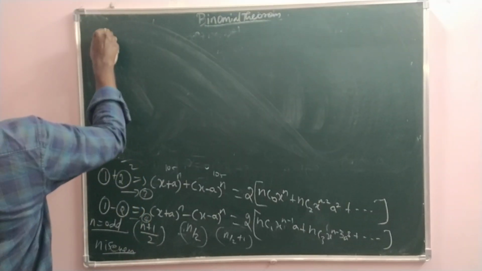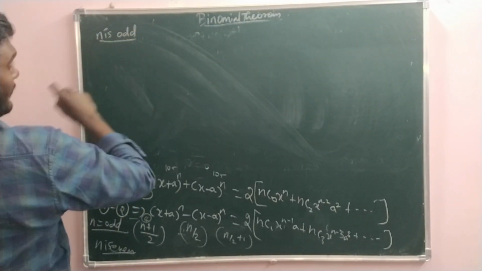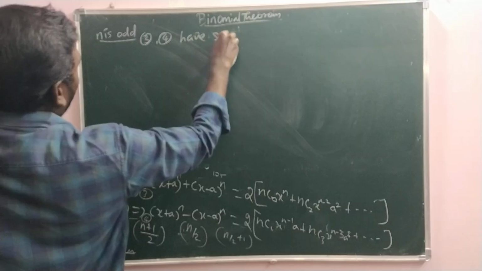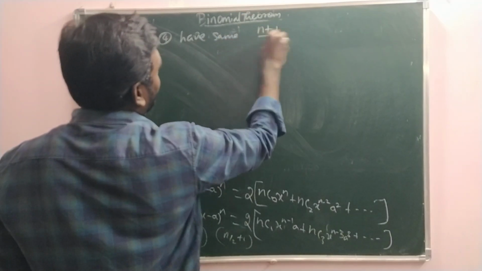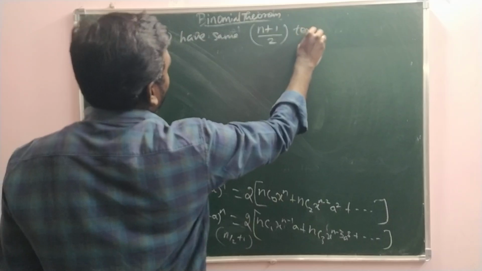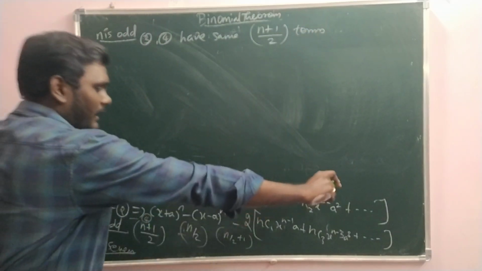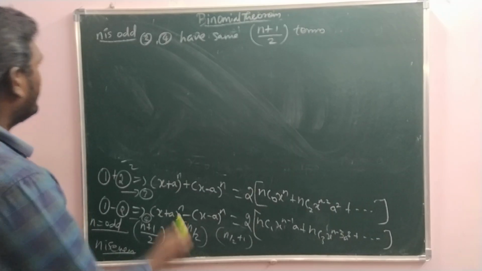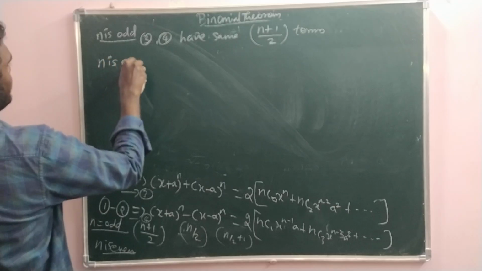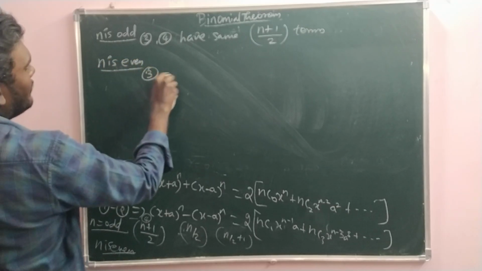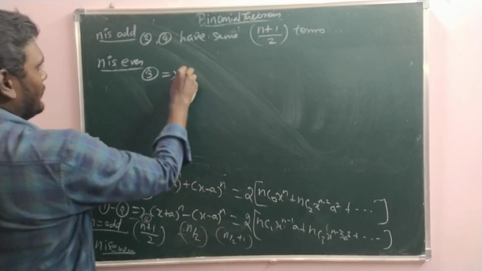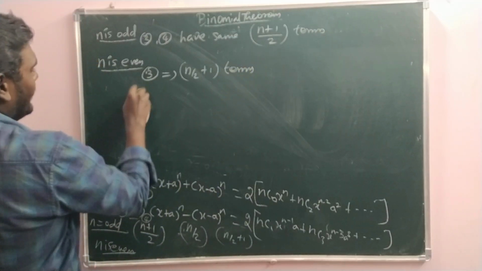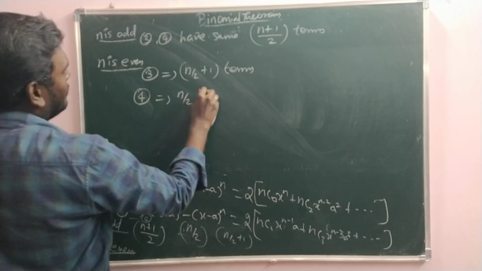See, if n is odd, both 3 and 4 will have the same number of terms, n plus 1 by 2. The addition is 3, subtraction is 4. If n is even, this 3 with the addition will have one more, n by 2 plus 1 terms. This subtraction will have n by 2 terms.